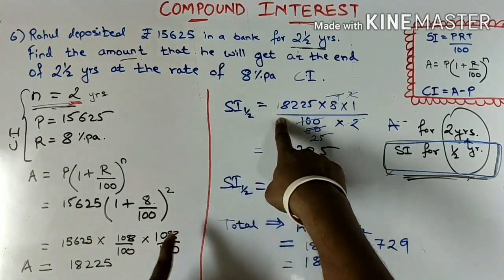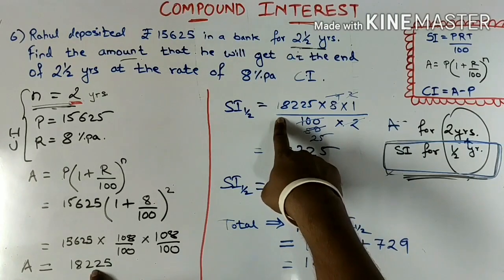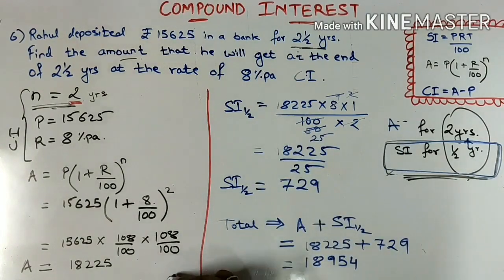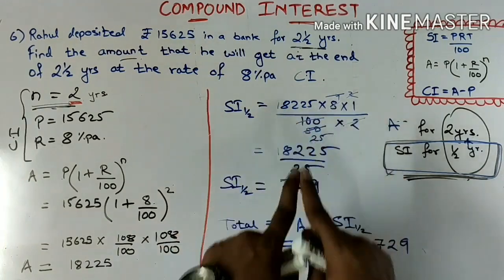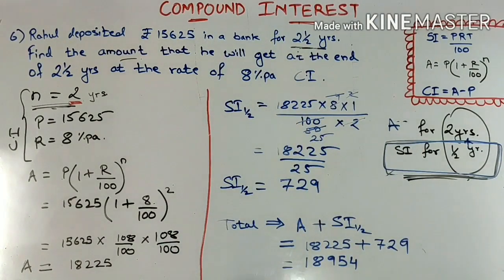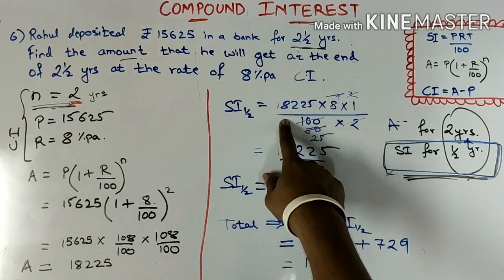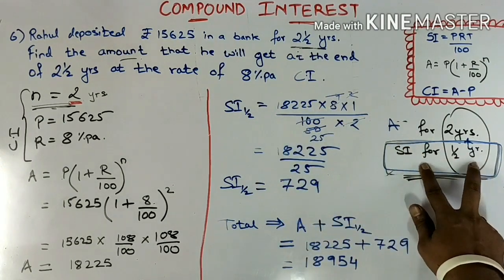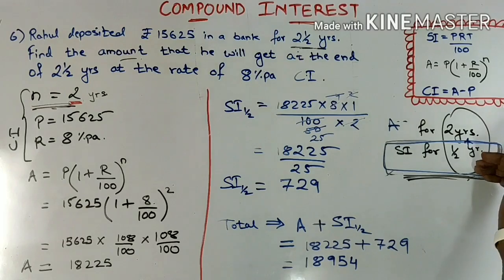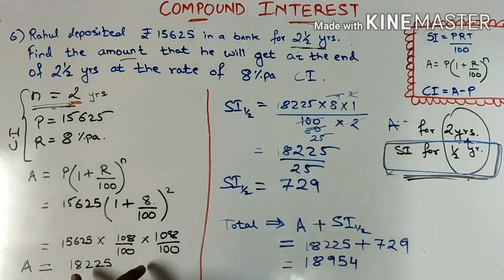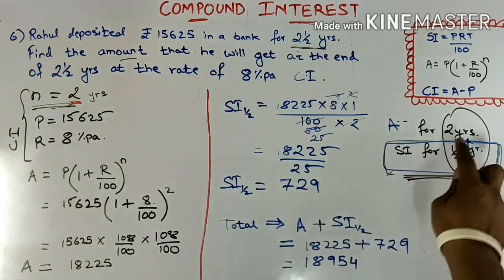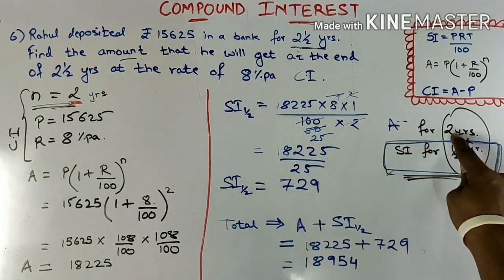We take the amount at the end of the second year, because after the second year we start with the third year's half year tenure. So this amount becomes my principal for calculation of my simple interest over here. So this is a very important point to remember: for the simple interest for the later half of the year after 2 years, this principal will be the amount which we got after compounding the interest annually for 2 years.